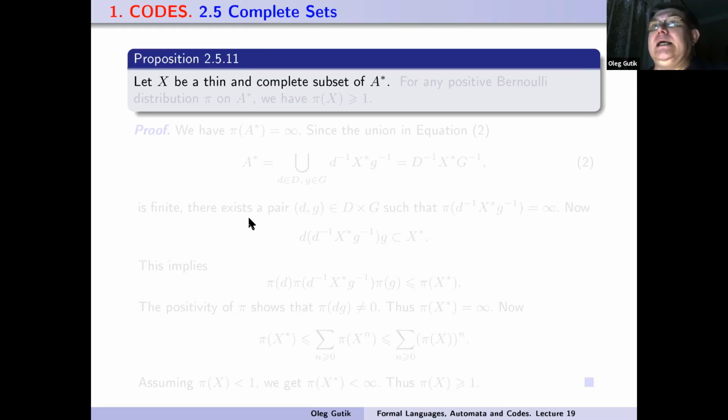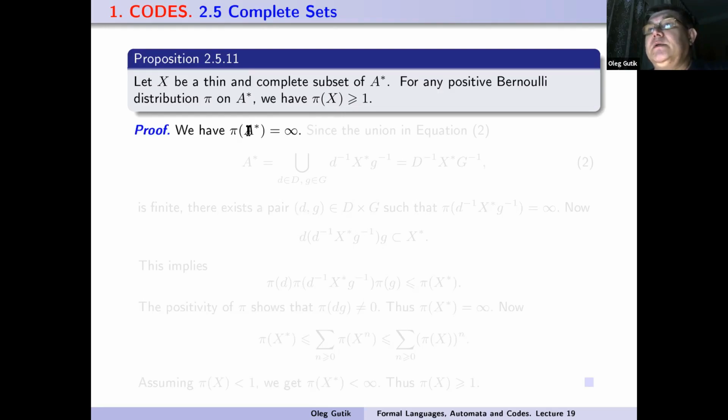Next proposition 2.5.11. Let X be a thin and complete subset of the free monoid A*. For any positive Bernoulli distribution pi on the free monoid A*, we have that pi of X is greater or equal to 1. The proof. We have that pi of the free monoid A* is equal to infinity.